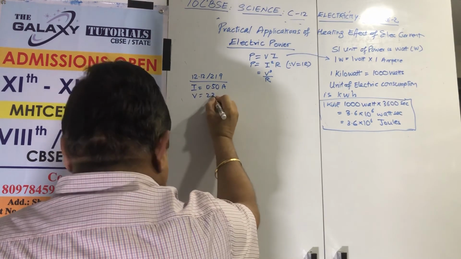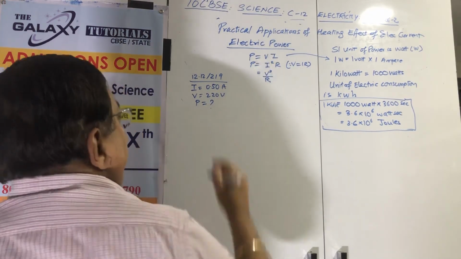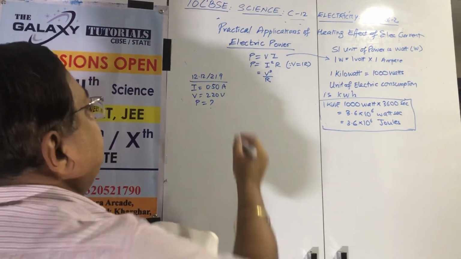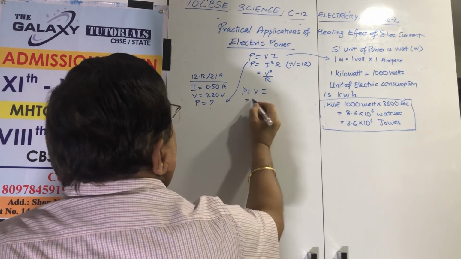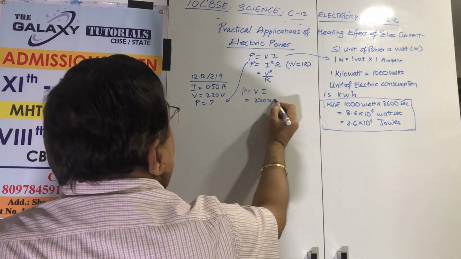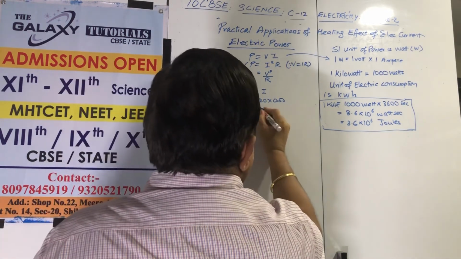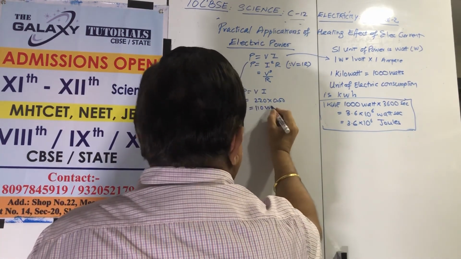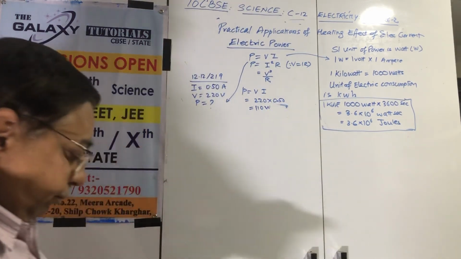V is 220 volts. What is the power? Power is V into I. Power is V into I. V is 220, I is 0.50. And this is 110 watts. Or I will write W as the unit.